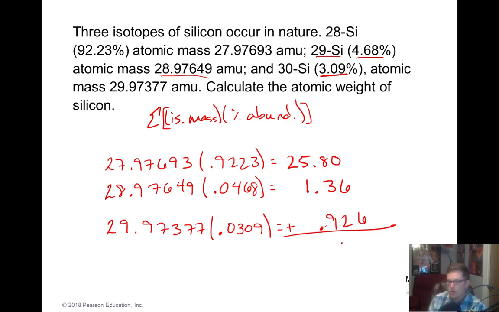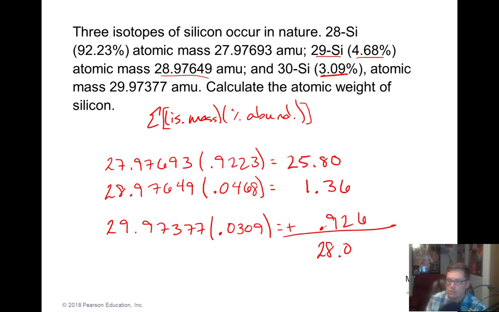Now remember, when we add these up, this one stops at the hundredths, so our answer needs to stop at the hundredths. So 25.80 plus 1.36 plus 0.926, and we get 28.086, but rounded to the hundredths, it becomes 28.09.